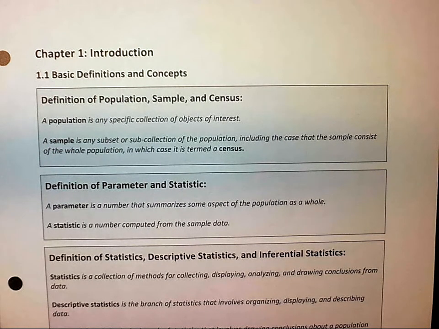So again, if you said, hey, I'm interested in figuring out what the average height is of all students at UNCC, then that would be your population. But chances are, if you wanted to figure that out, what would you do? Like if I said, hey, I just won the Powerball.